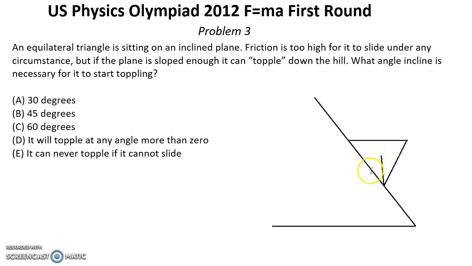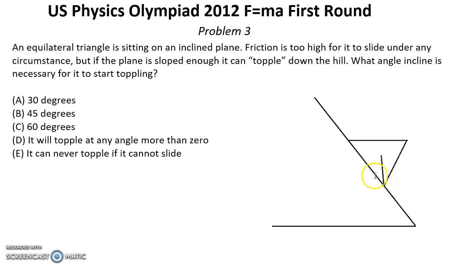And for this triangle to be in equilibrium, the vertical line from this center of gravity must go to the left of this corner. If it's going to the right of this corner, it will topple down. So the critical position is when this line goes exactly through this corner.